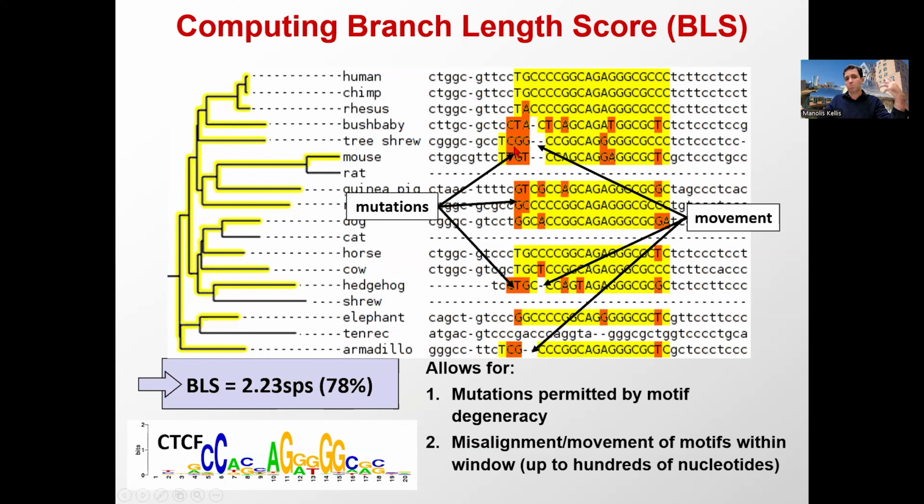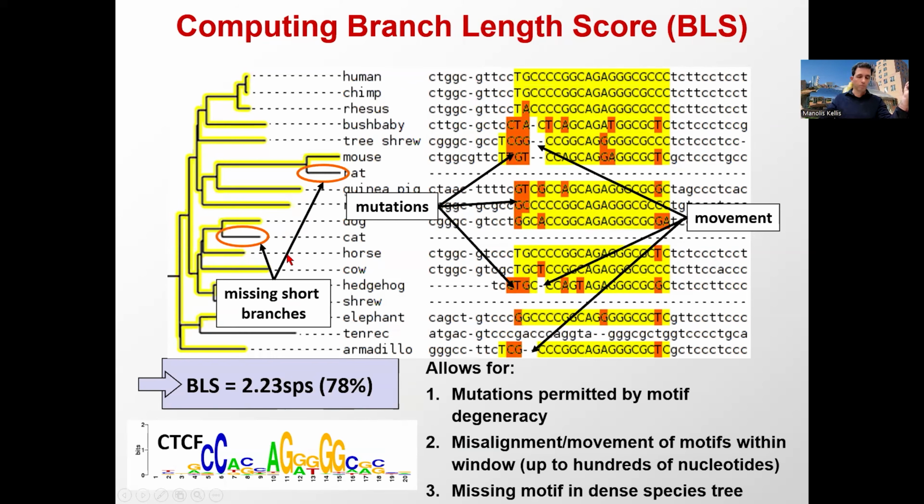That's simply when that position can be either an A or a G, and that's fine. We want to tolerate movement when there's insertions in the alignment, but these gaps are meaningless when you look at any one species because the tree shrew in this particular case has still a contiguous motif occurrence.